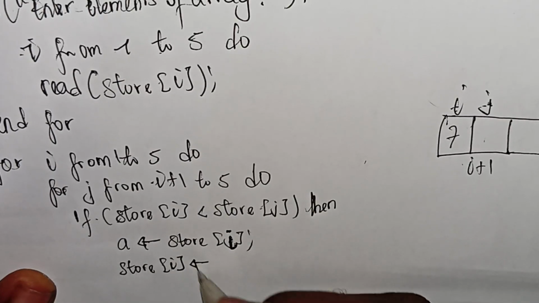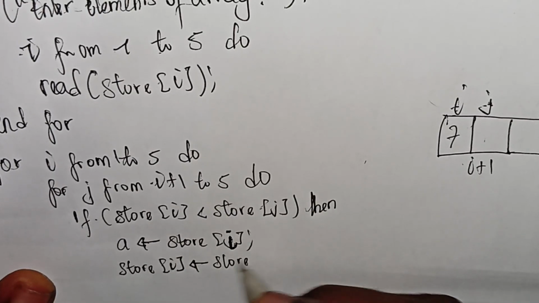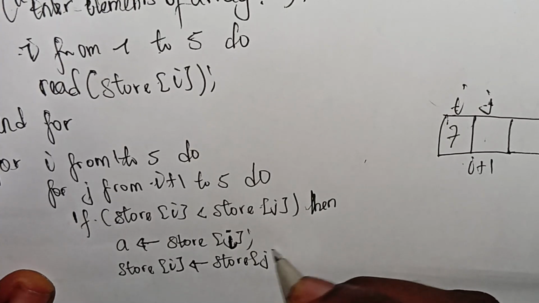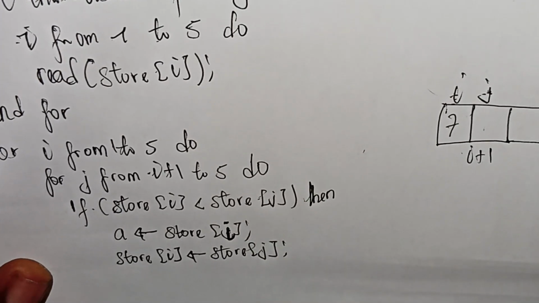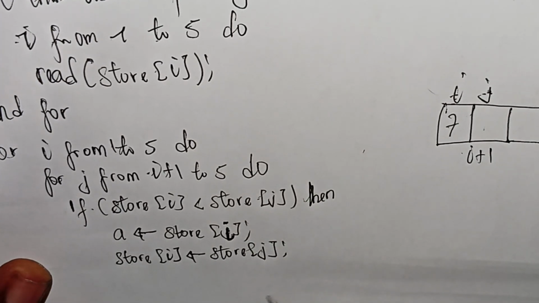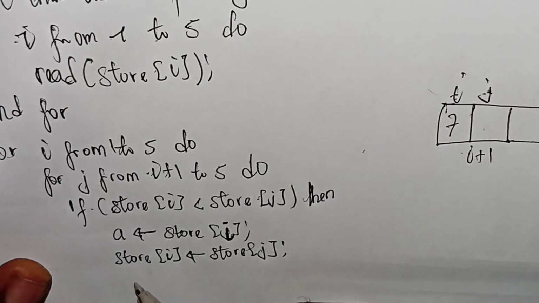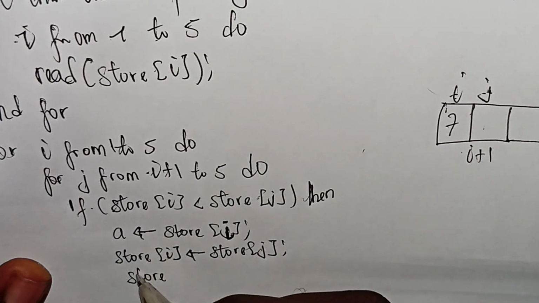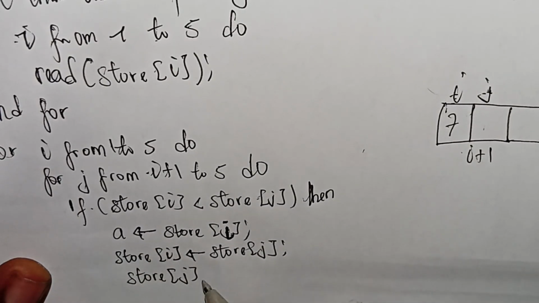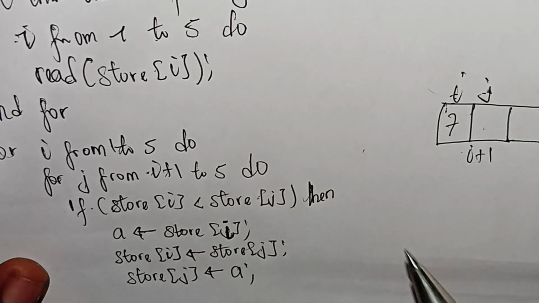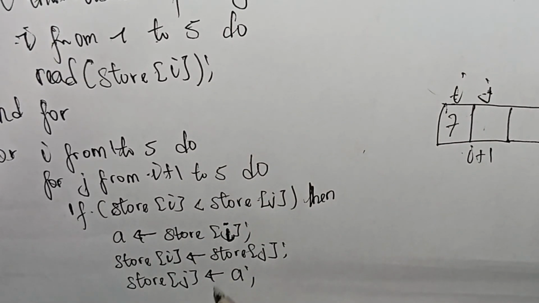I is equals to the store at the index of J. Once these elements have been swapped, now we want to say the store at the index of J is equals to A. So we see here that we are swapping the elements.